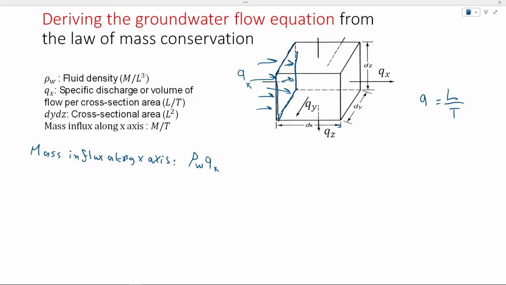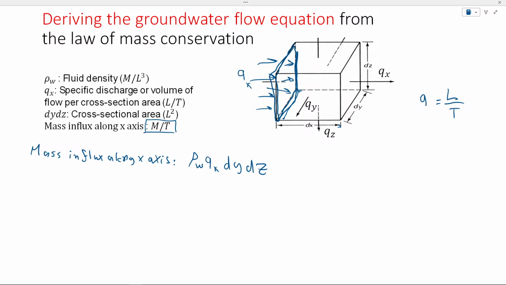And that would be Q times, this is my dy and this is my dx, what is entering through this volume, so that's dy times dz. That would be the mass influx, and it will have a unit of mass over time.